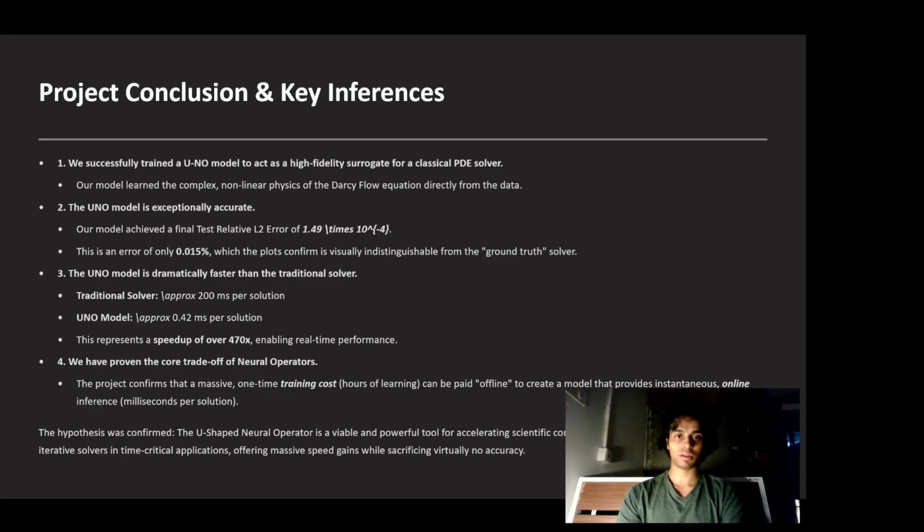So, in conclusion, what we were trying to find out essentially is, can we use UNOs as a viable and powerful tool for accelerating scientific computing, right? And as we can see by this specific example, we indeed can.